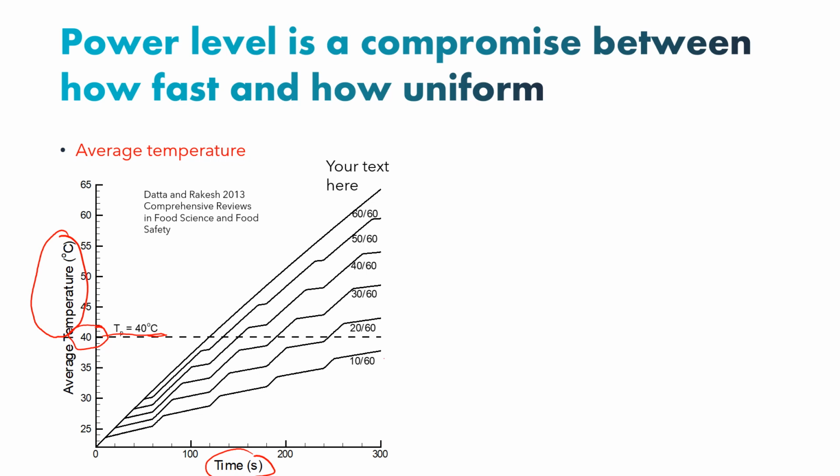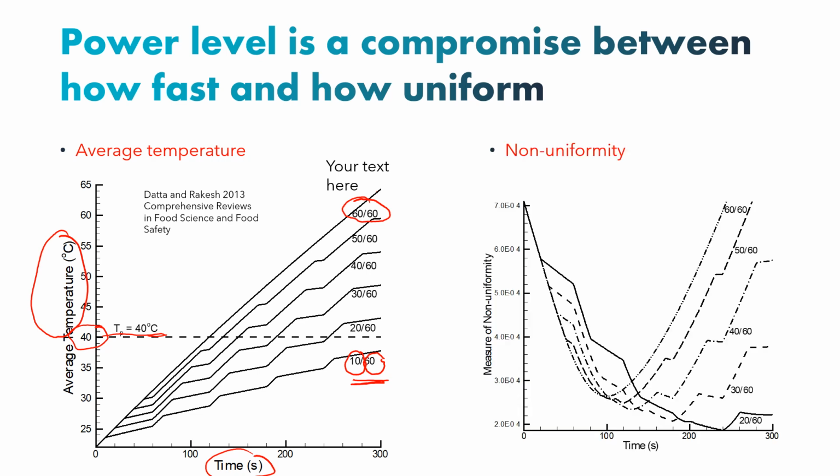In any one of these, the bottom part, 60 seconds, is the total cycle time, and the top part, 10 seconds, is how long it is on. So this one is on 10 seconds of the 60 seconds, whereas this one, the top one, is 60 out of 60, meaning it is on all the time. So of course it heats the fastest.